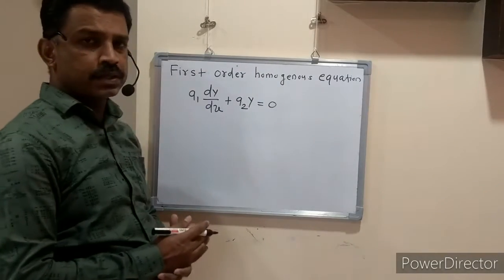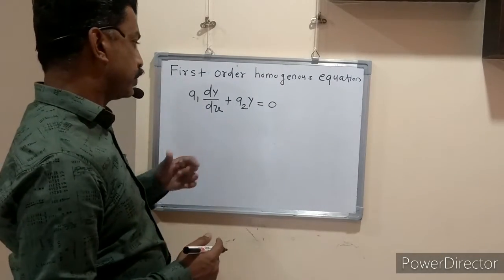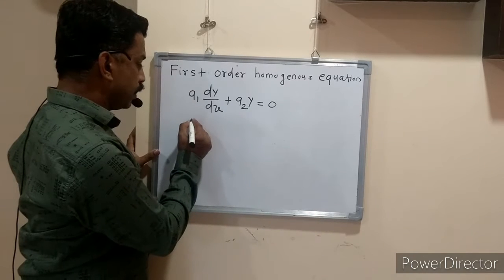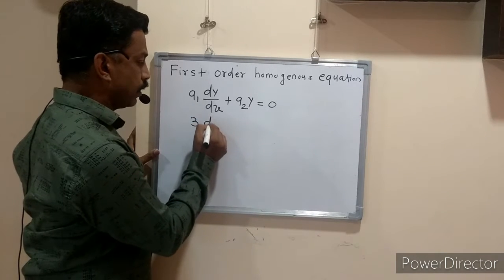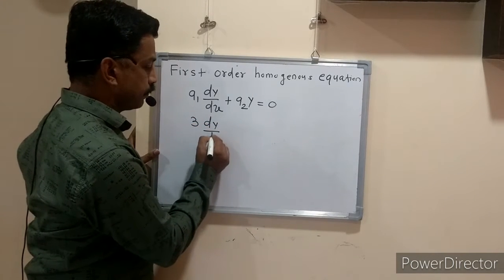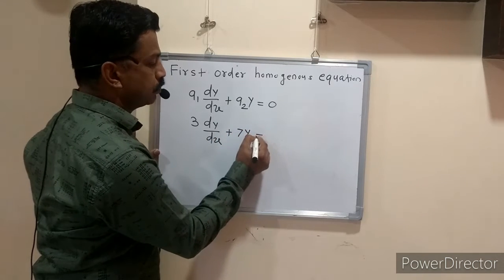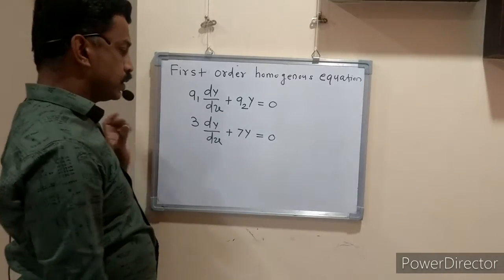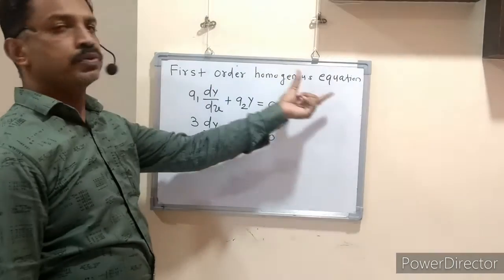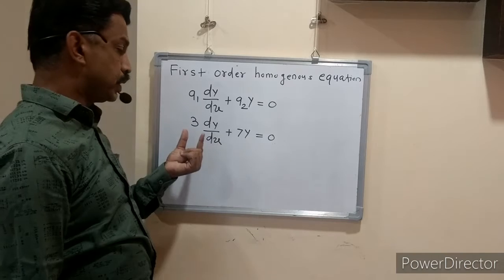Now we can take a few examples of it. Suppose instead of a1 we write 3 dy by dx plus 7y equal to 0. So this is also one type of first order homogeneous equation with constant coefficients.